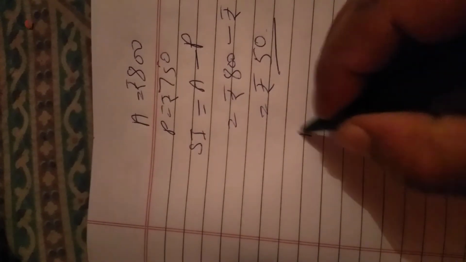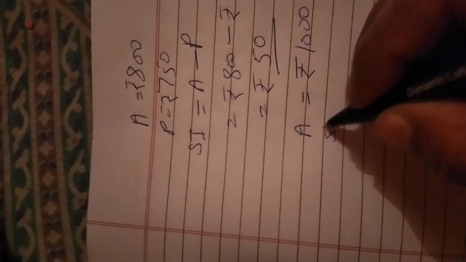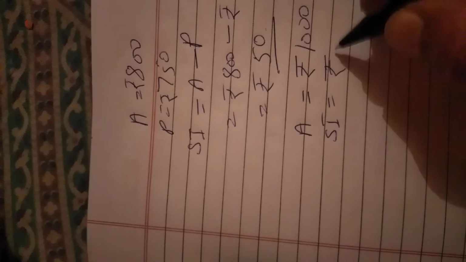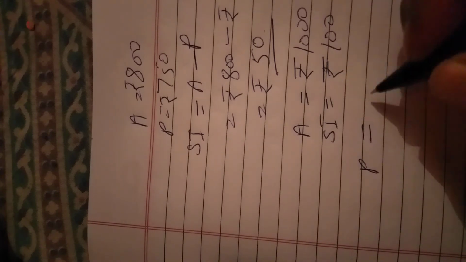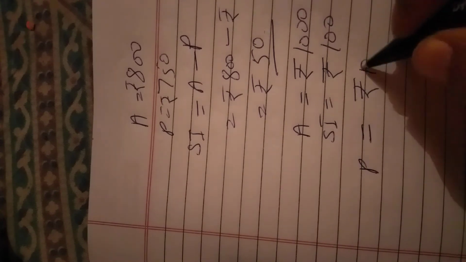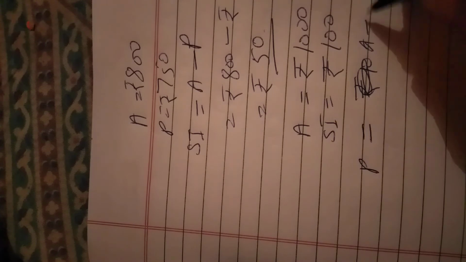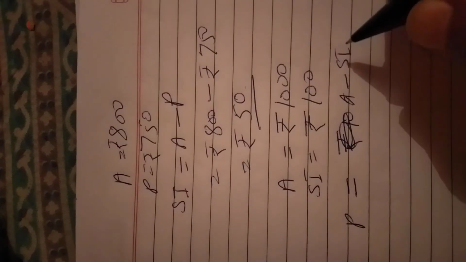Let us take another example. If amount is given, let us suppose 1000, and simple interest is 100 rupees, then in that case how can you find the principal? Amount minus simple interest.